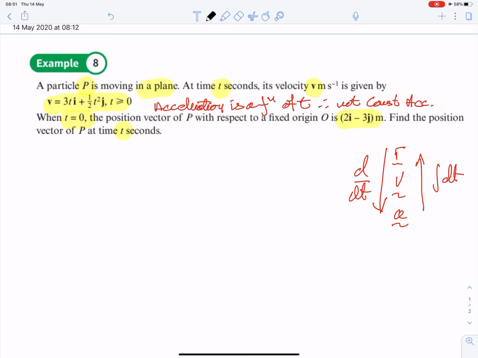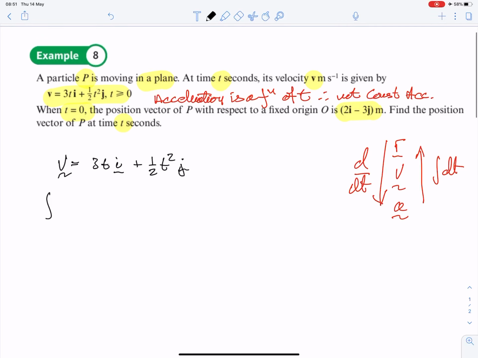Okay, so we get v is equal to 3ti plus a half t squared j. And then when we integrate, so the integral of v with respect to t is equal to the position vector r, which is equal to the integral of 3t: write down the constant, add 1 to the power, divide by the new power.